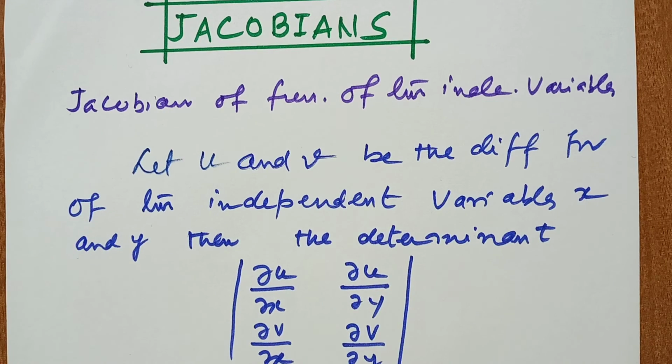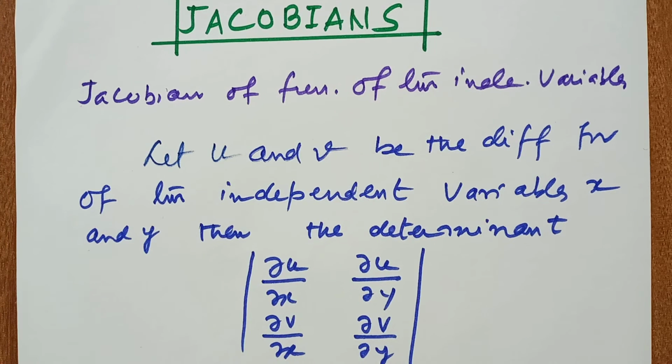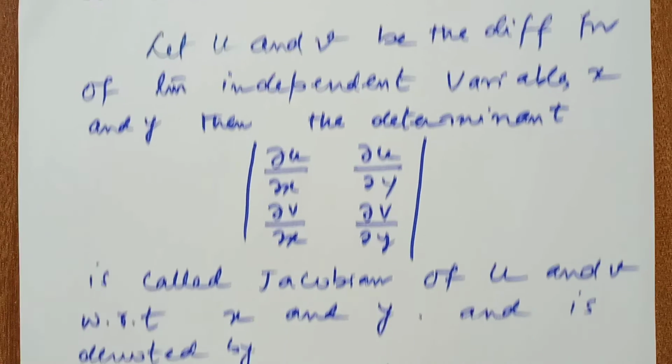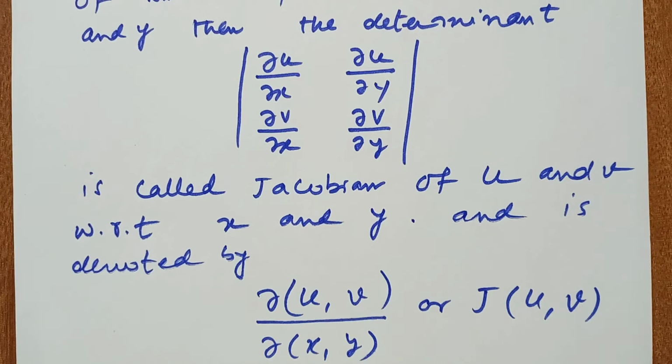It means if u and v are differentiable functions of two independent variables x and y, then in this determinant we have the partial derivatives of u with respect to x and y, and of v with respect to x and y. This determinant is called the Jacobian and is denoted by del (u, v) upon del (x, y) or J(u, v).